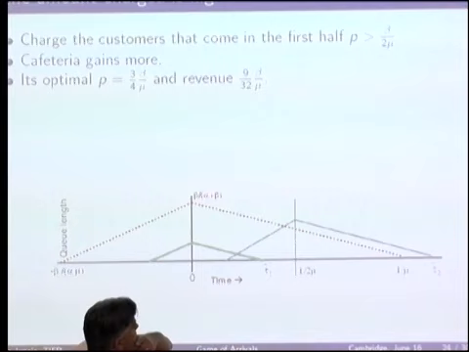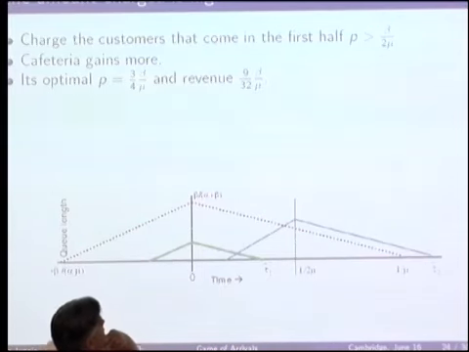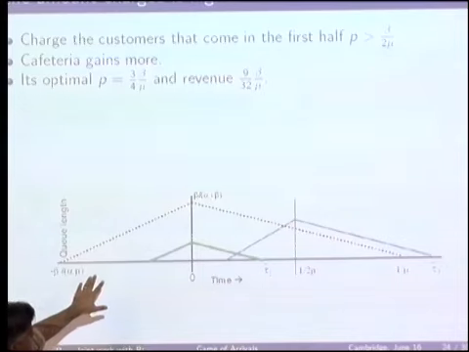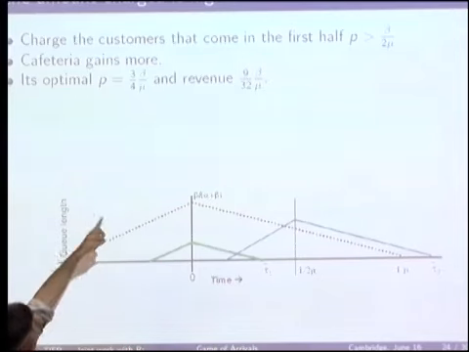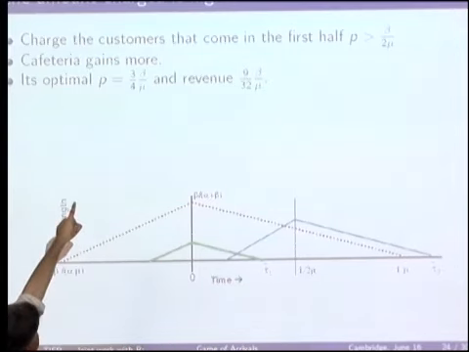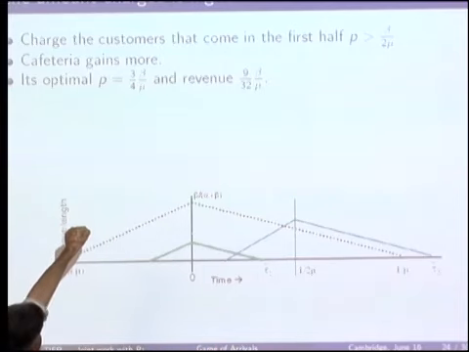But what's happened now is that although the canteen owner, the system manager, is making more profit, his revenue increasing from before, they optimize at P equal to 3 by 4 beta by mu.